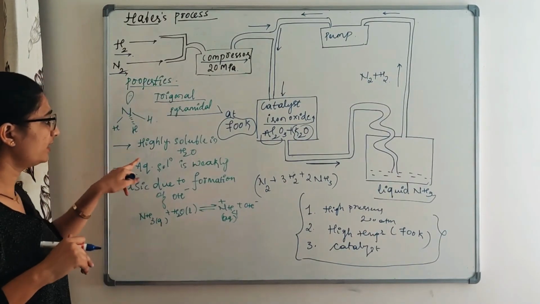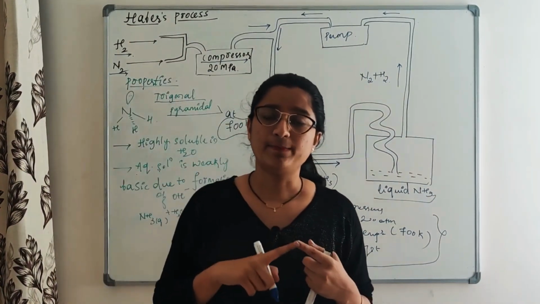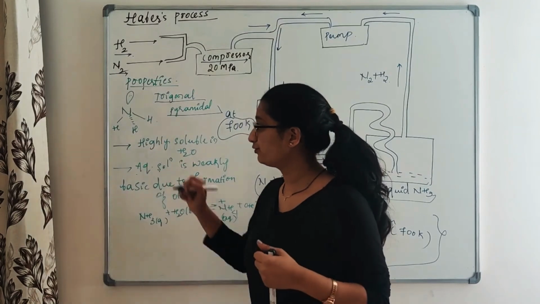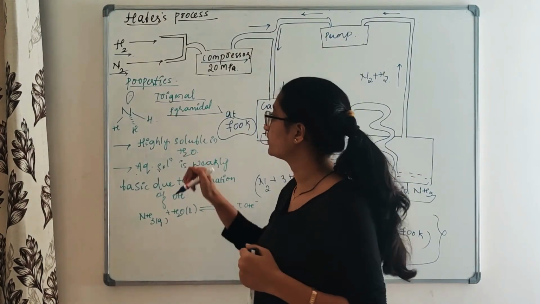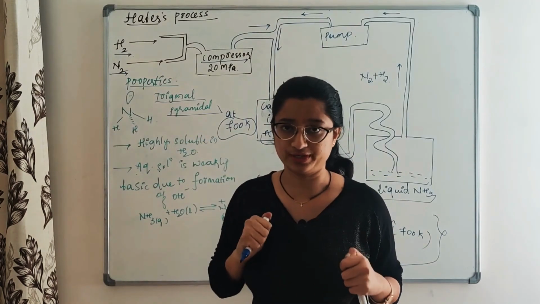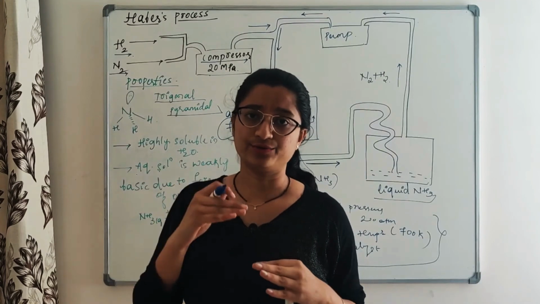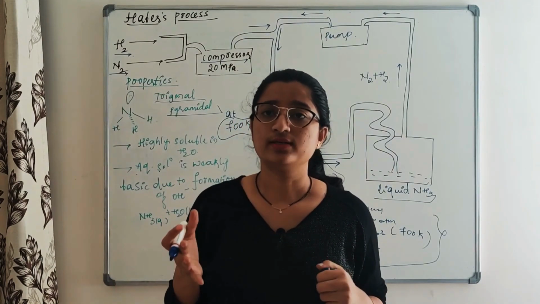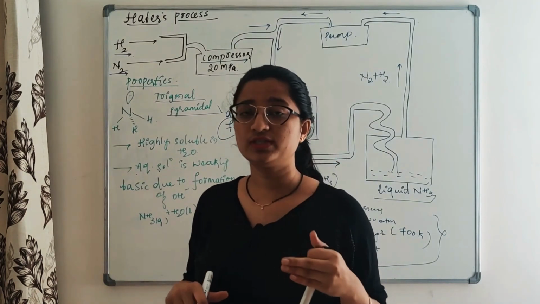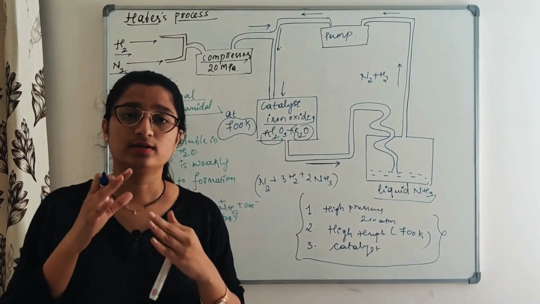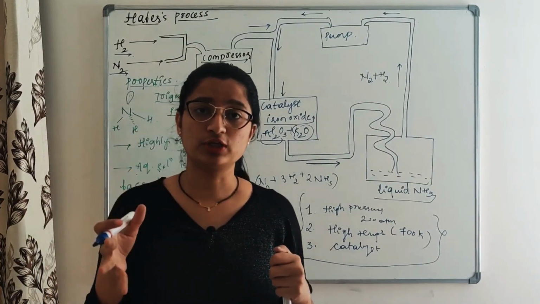Now, why is it highly soluble in water? When we compare the electronegativity of oxygen and nitrogen, the nitrogen has a high electronegativity. As a result, there is a formation of hydrogen bonding there. So there is a high solubility, that is one thing. The second thing is that because of this hydrogen bonding, there is a formation of strong intermolecular hydrogen bonding.